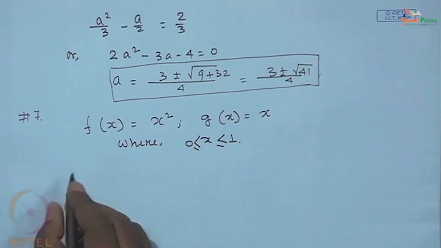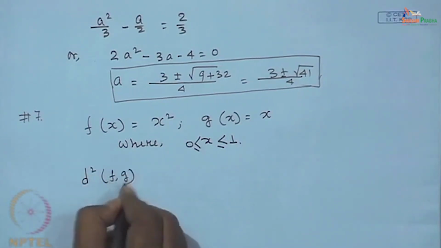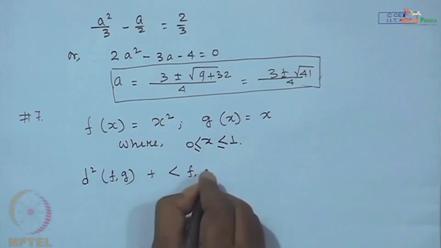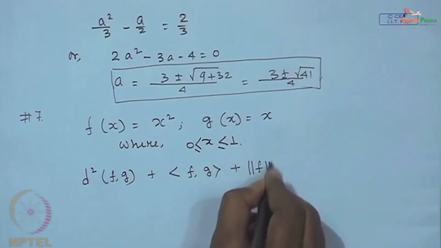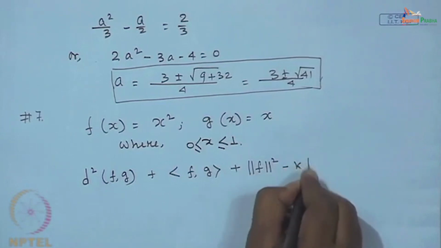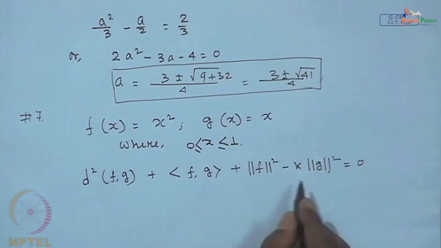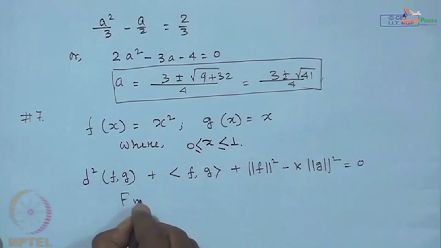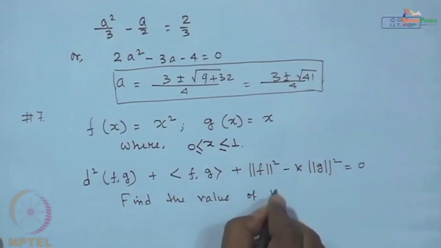Now, in this problem we have a relationship, that is the metric between f and g, square of that, plus inner product between f and g plus norm of f square minus k norm of g square is equal to 0. If this algebraic relationship is valid, then find the value of k.